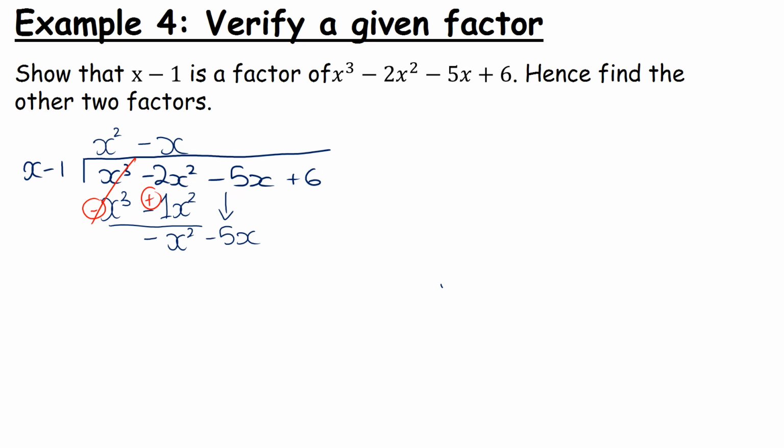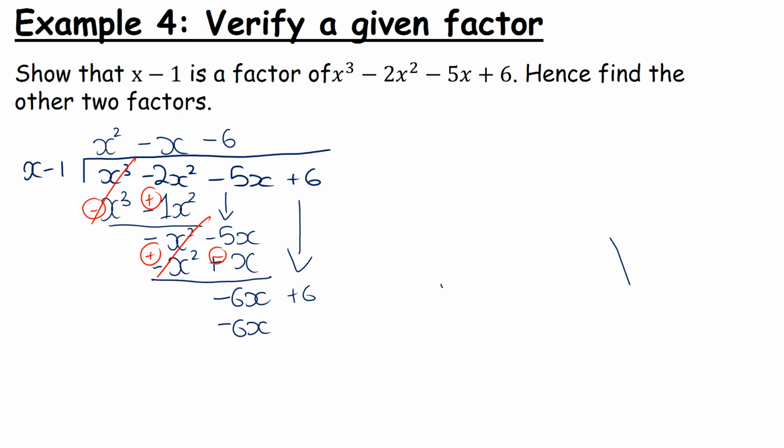If you're not comfortable with this division, do your rougher column. Plus x, and now we do our subtraction, plus and a minus 6x, and we bring down plus 6, and x divides into minus 6x minus 6 times, so minus 6x plus 6, and my last step is my subtraction.